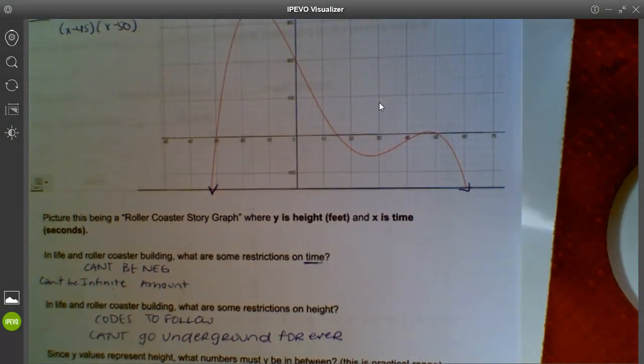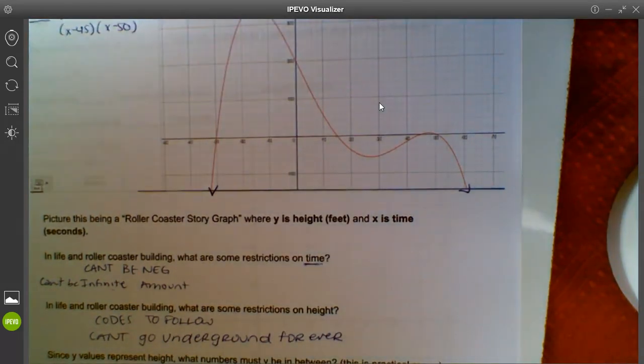But we have to be thoughtful that you probably can't have a tunnel that goes more than 200 feet under the ground. Again, we're not roller coaster builders and we don't know the code for that. But we do know it can't be infinite, or else we're going to hit the core of the earth, and that gets really hot, and our roller coaster is going to melt. And then the people in the roller coaster are probably going to catch on fire, which wouldn't be good either.